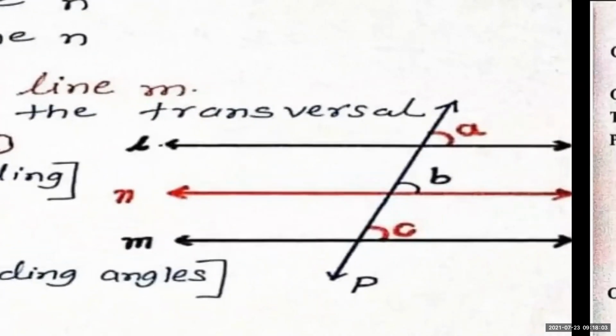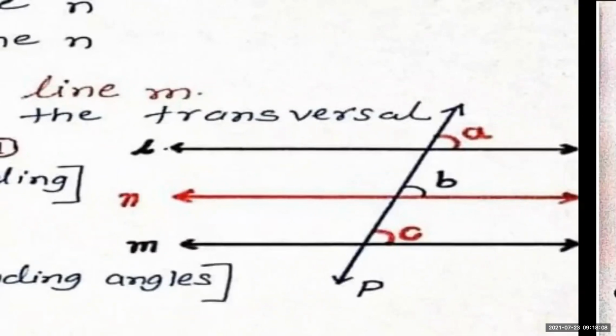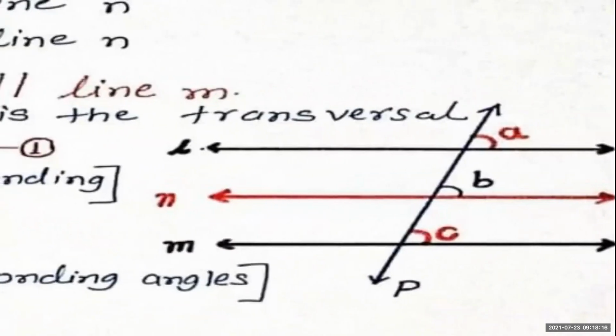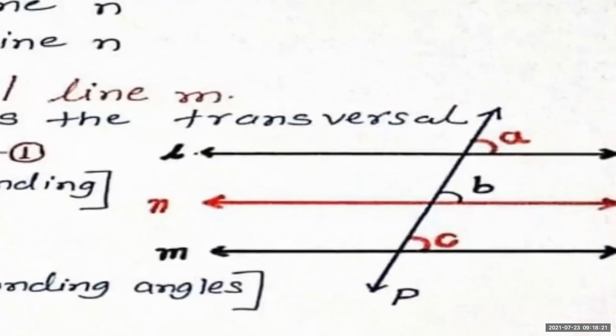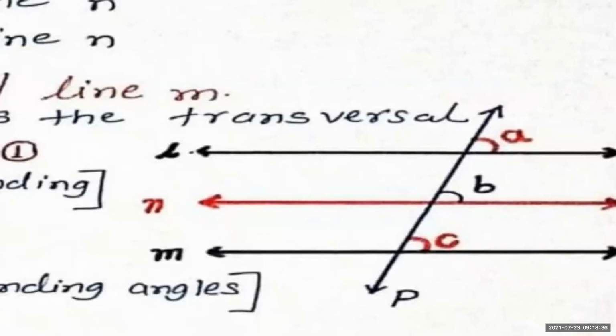Now see carefully the given diagram. Here are the three lines: line L, line N and line M. And as line P is their transversal, the angles formed here are angle A, angle B and angle C. As in the given, line L and line N are parallel to each other.